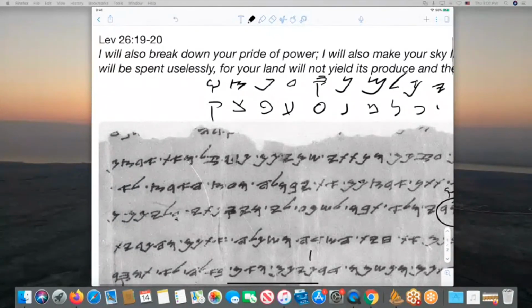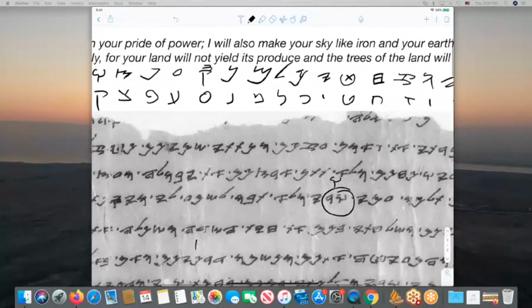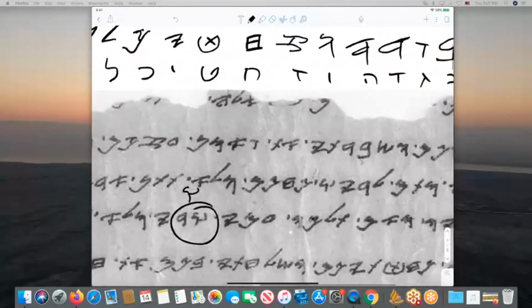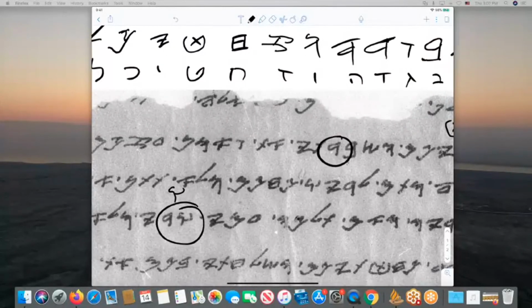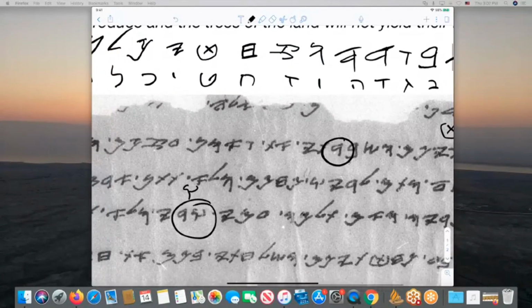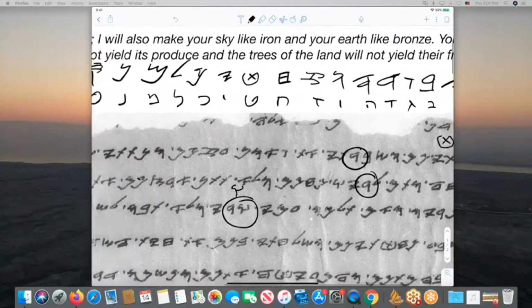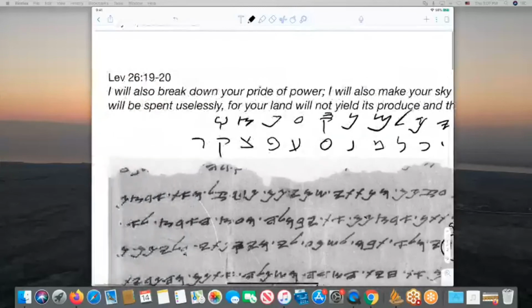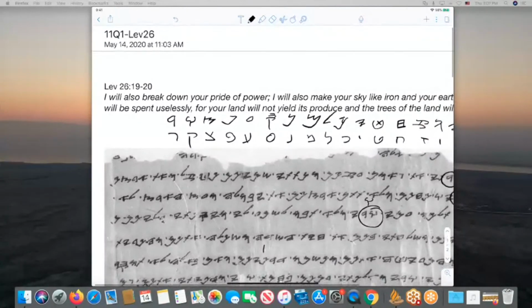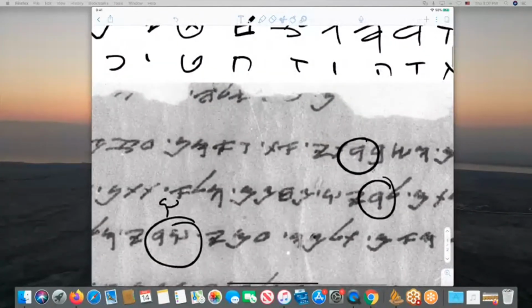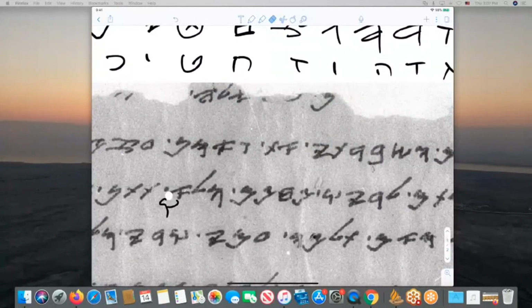Then we have a Resh. We already saw Resh in Shavarti. We saw that in our very first word here, right there. Here, another one, right? It looks a lot like a Bet, but when we compare them next to each other, that's when it's really helpful.